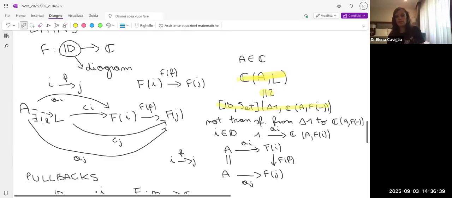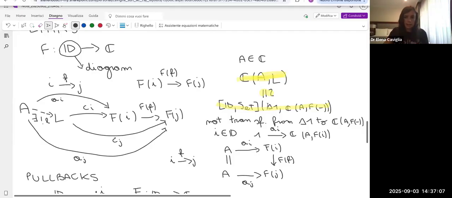So it's explicitly saying what the universal property of the limit is. This is a different way of seeing it. Maybe you have already seen this, but it will be important because for two-dimensional categories what we are going to do is generalize this kind of property. Okay, right?